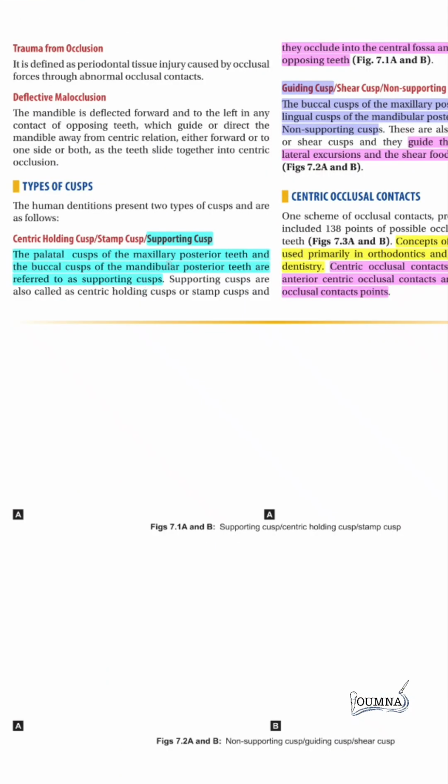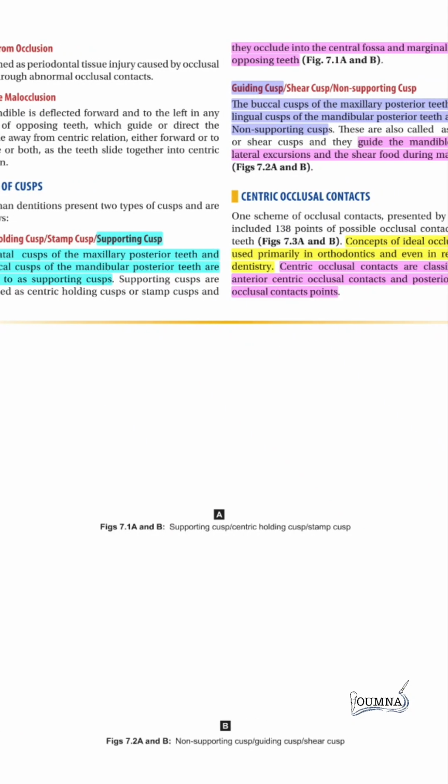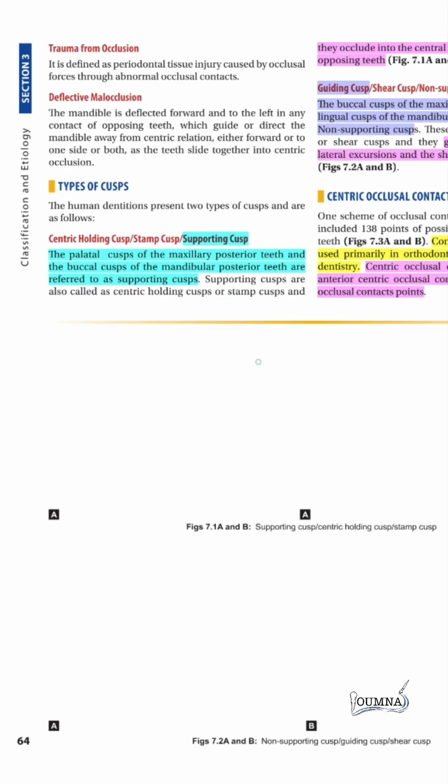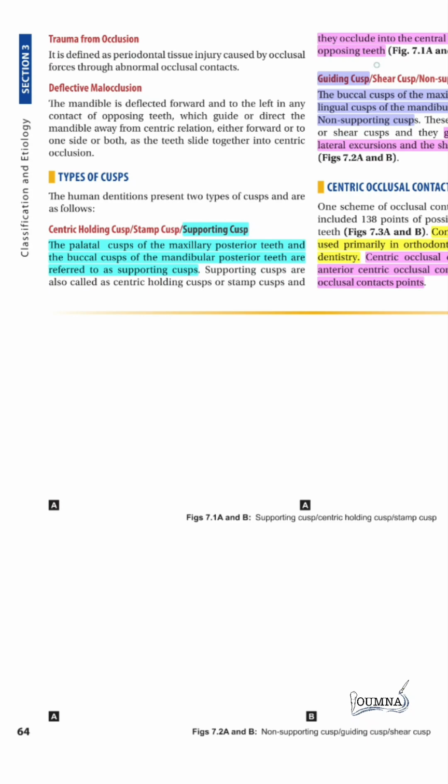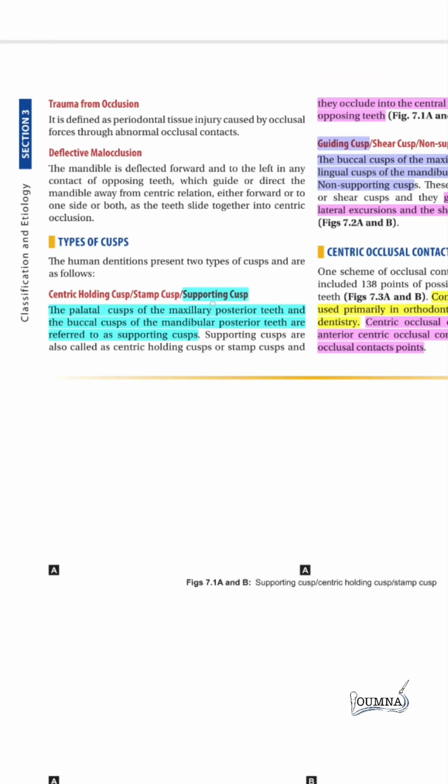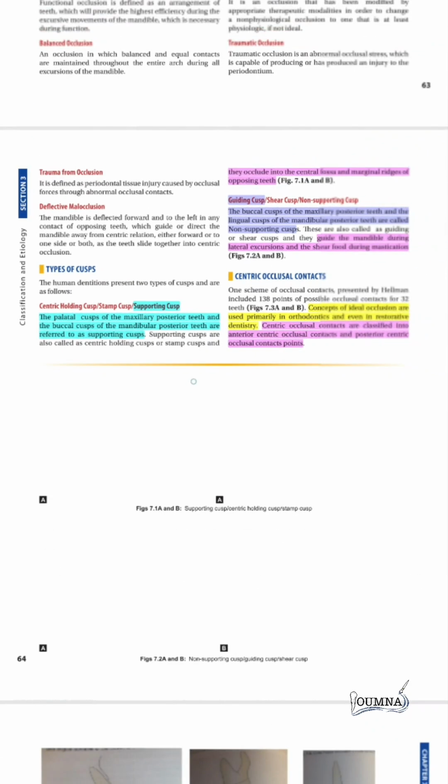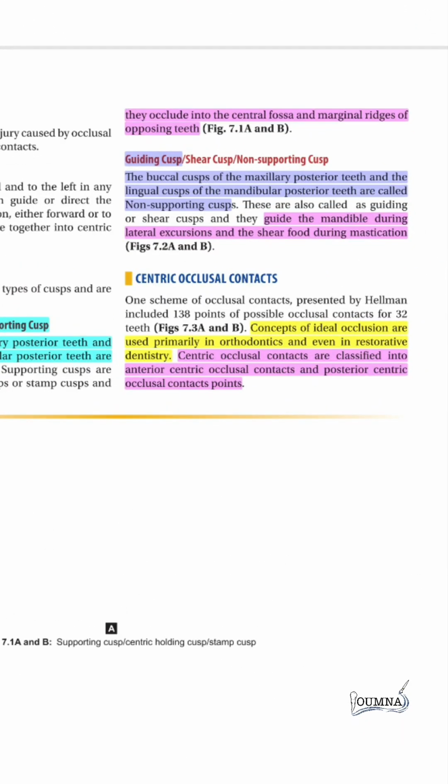We hear about the concept of supporting cusps and non-supporting cusps, or the centric holding and the guiding cusps. What is the difference between these? The supporting cusps are the palatal cusps of the maxillary posterior teeth and the buccal cusps of the mandibular posterior teeth. But the non-supporting cusps are the buccal of the maxillary and the lingual of the mandibular.